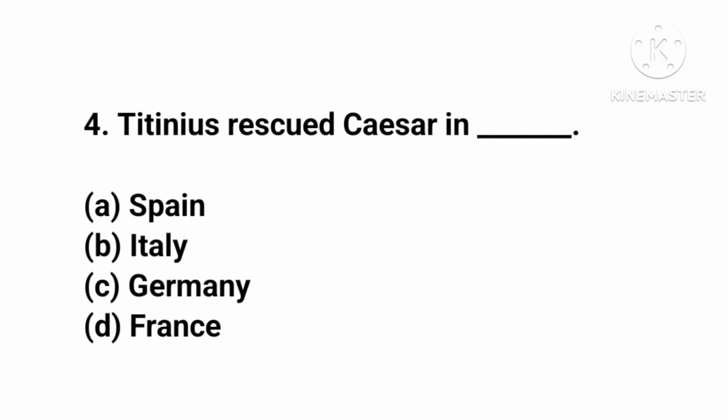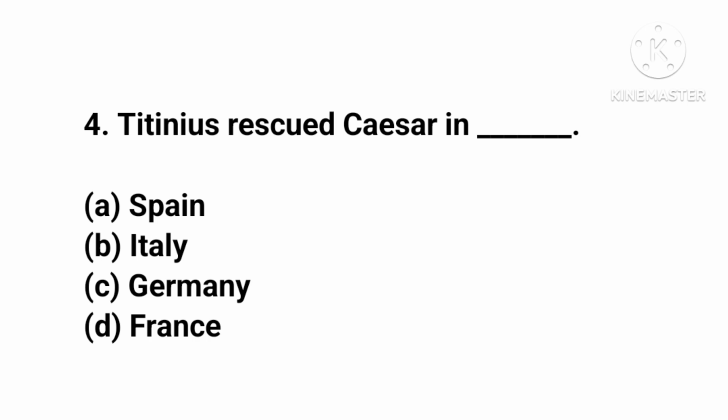Number 4. Titanius had rescued Caesar in dash. Option A, Spain. Option B, Italy. Option C, Germany. Or option D, France.